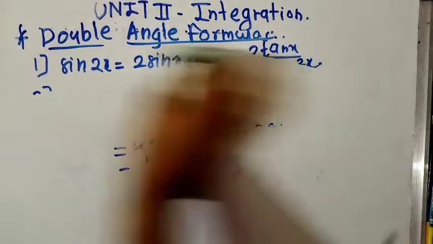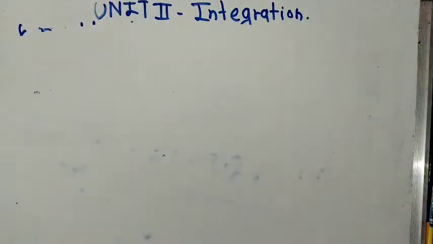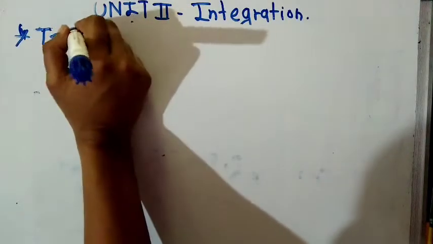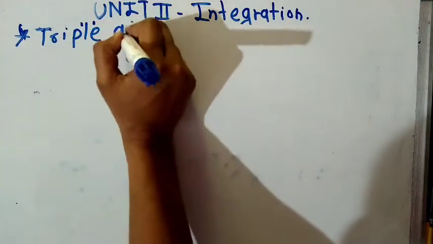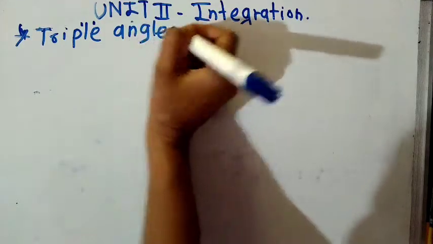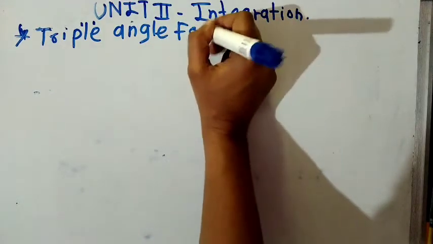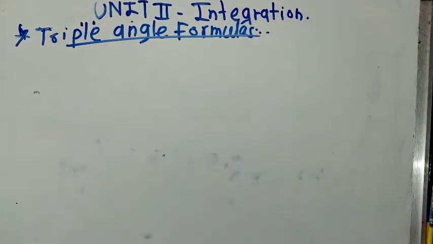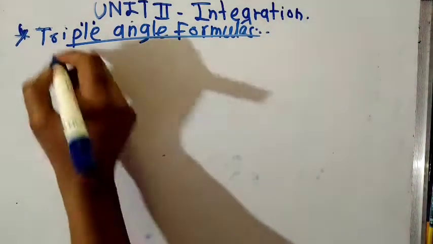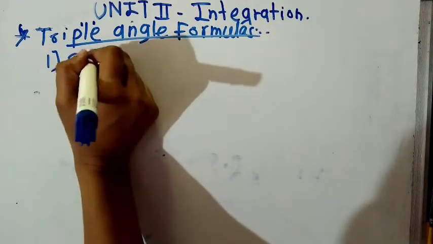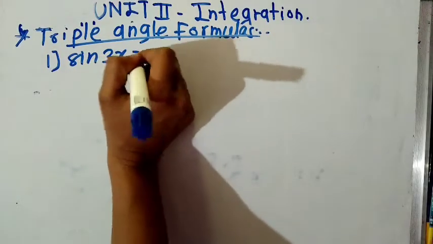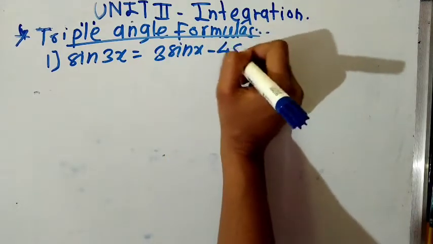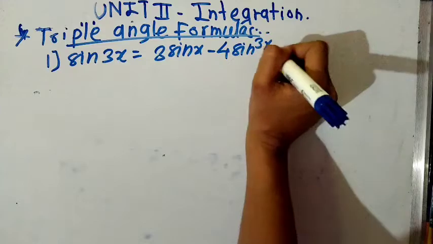Then next formula is triple angle formula. First is sin 3x is equal to 3 sin x minus 4 sin cube x.